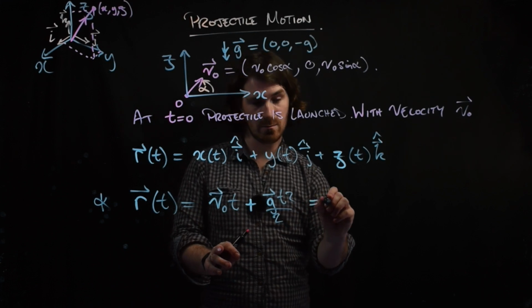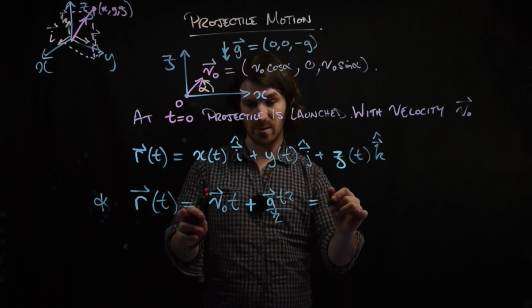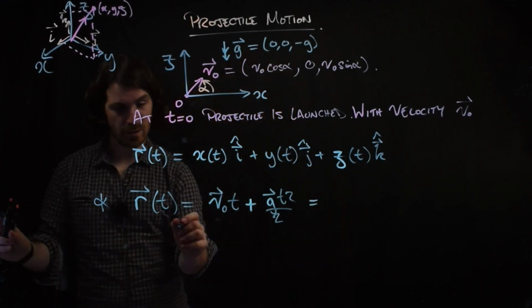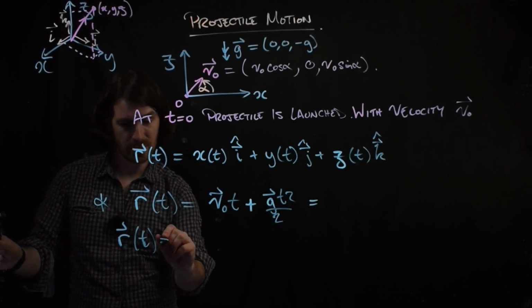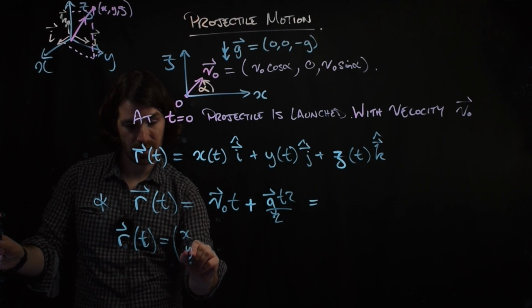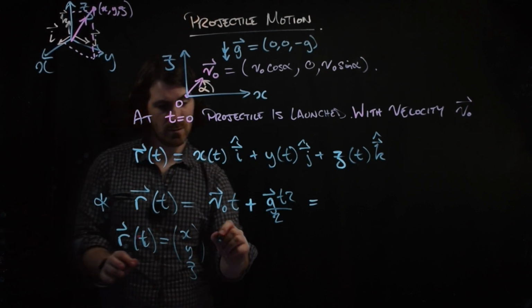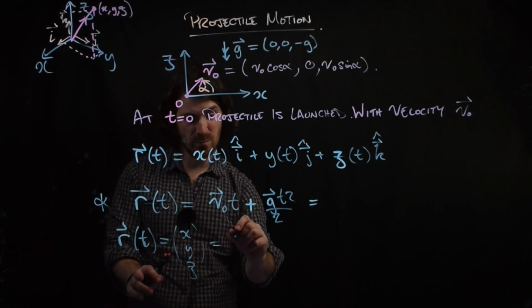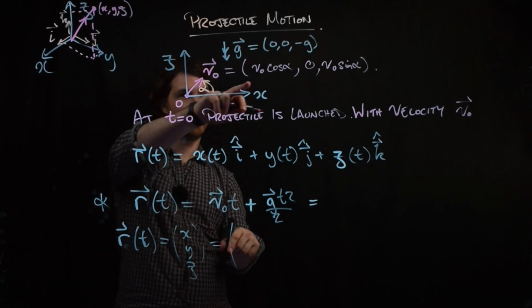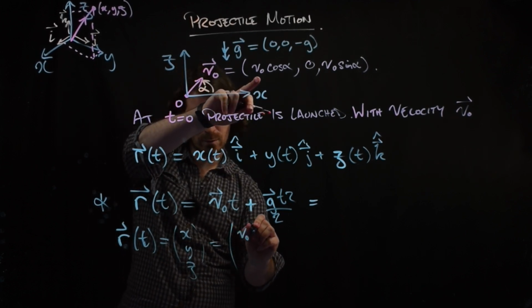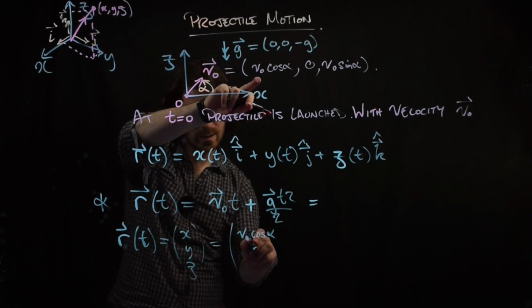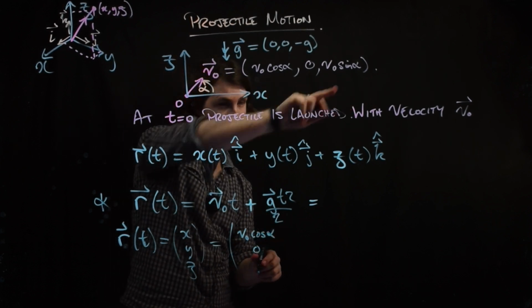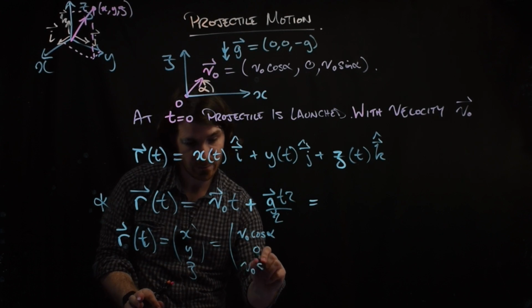We can write this in component form. So we can write r of t as x, y, z. And v0 we know is v0 cosine alpha, the y component is 0, and the z component is v0 sine alpha.